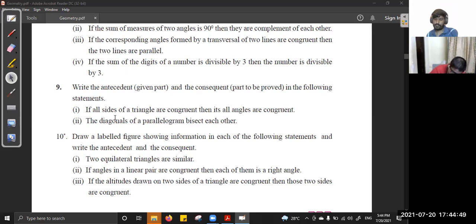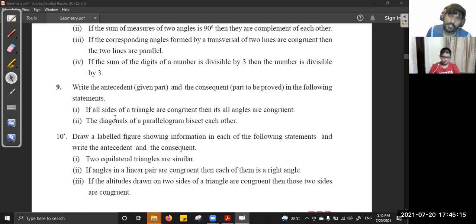One second, sir. Diagonals of a parallelogram bisect each other.